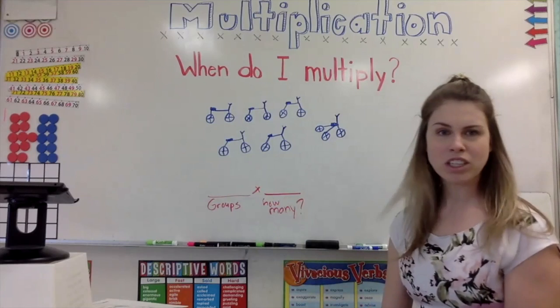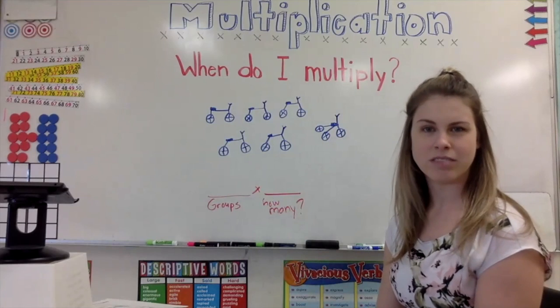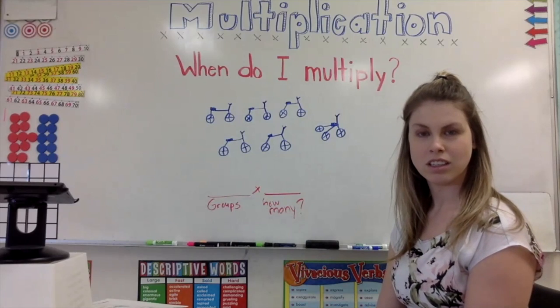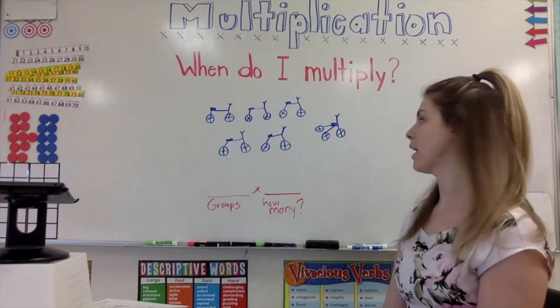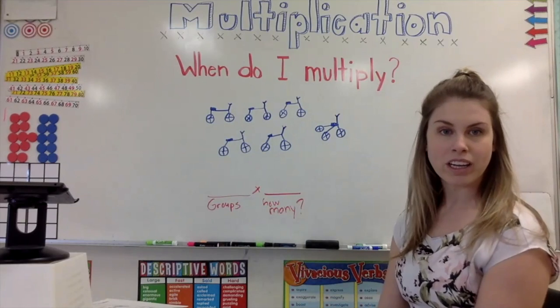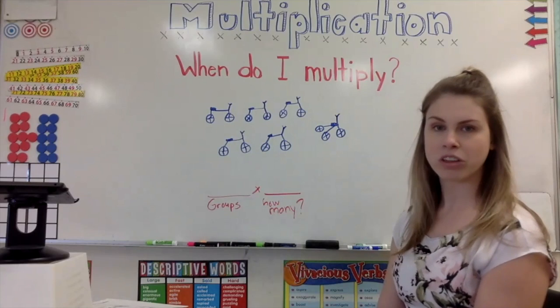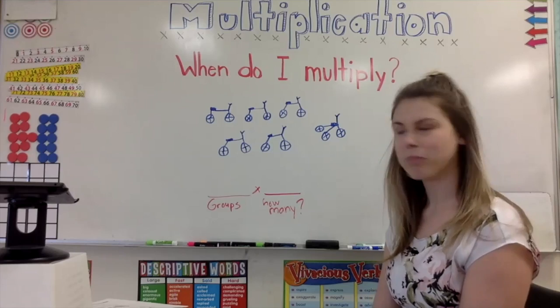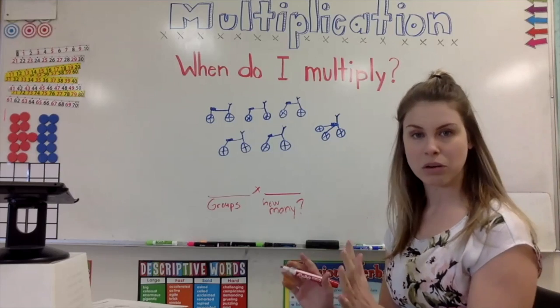But can we do a multiplication sentence to figure out this question? Can we just do one? No, I hope you yelled no at me. Because of one reason. What is very important about the groups when we're doing multiplication? What do they all have to be? Equal. You're right. All the groups have to be equal.